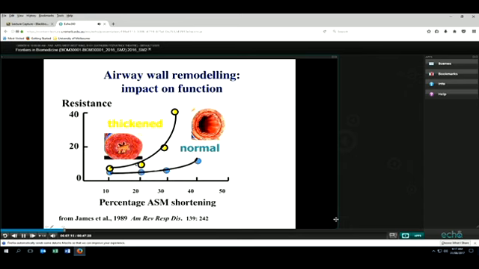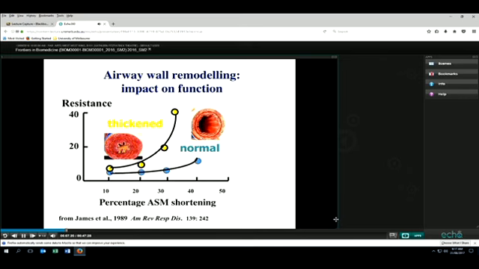So when we start off with slightly narrowed airways from asthma, that can be contributed to by smooth muscle hyperplasia and hypertrophy, but also epithelial and subepithelial edema, as well as mucus secretion.